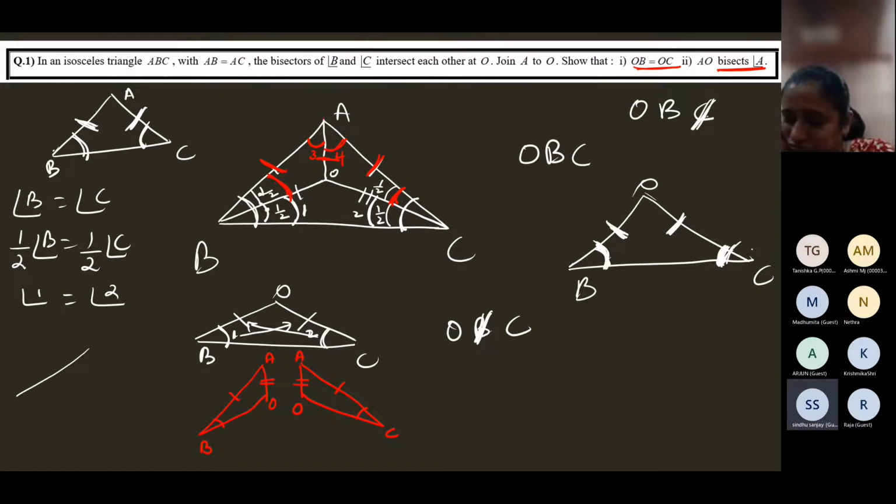Ma'am, we can use SAS congruence rule, ma'am. How? Ma'am, it's given AB is equals to AC and ABO and No. ABO is equals- 1 minute. No. I'm not expecting that answer. I am expecting what is the congruence rule here? Triple S, ma'am.